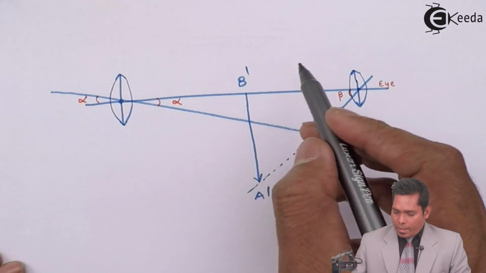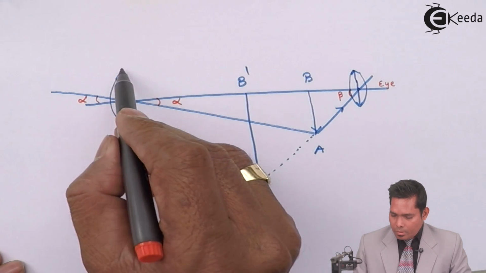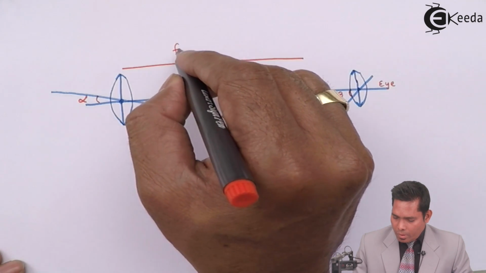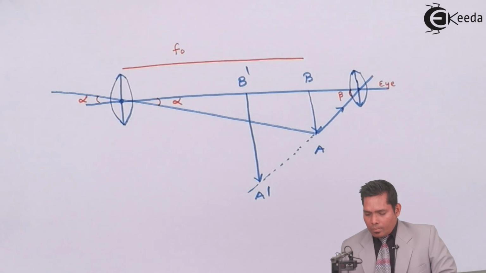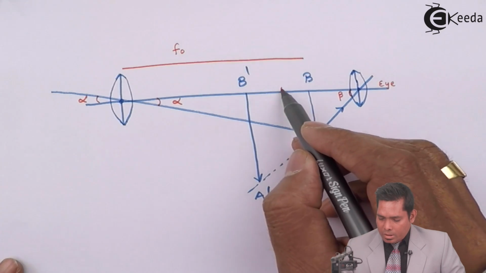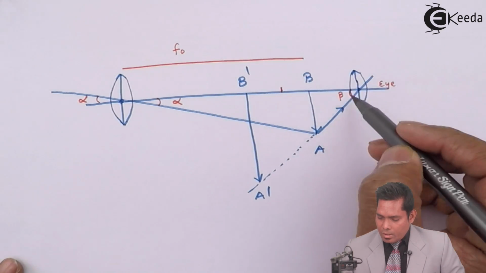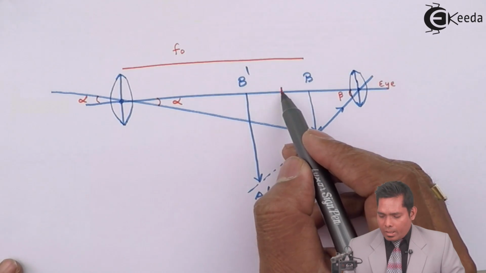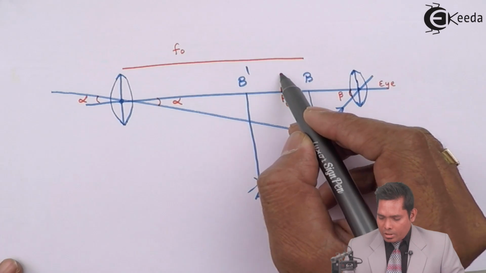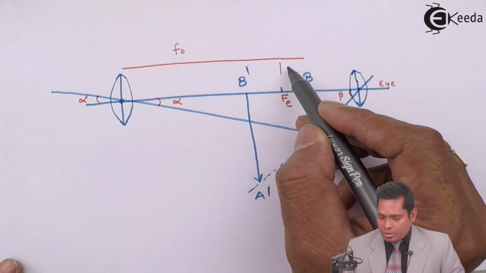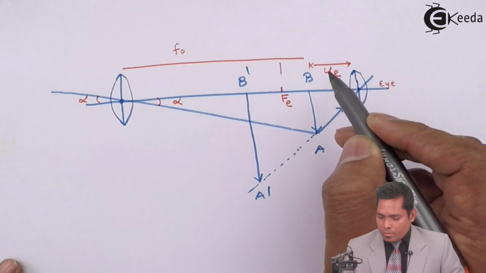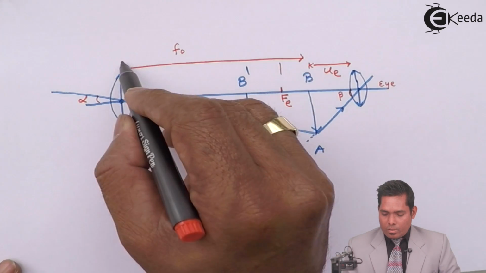And this distance is focal length of objective, but if the focus of this lens, eyepiece lens, is here, then this is the focus of eyepiece lens, then this is the focal length, but then this is not used, this one is used, that is objective distance, this one.